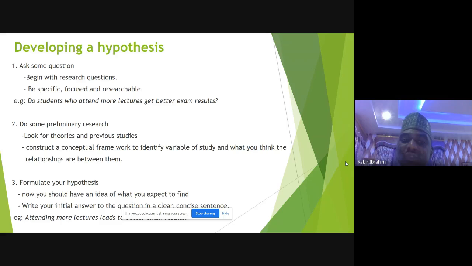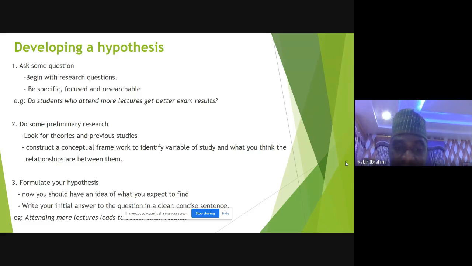Construct a conceptual framework. This conceptual framework will help you to identify your variables of study, and what you think the relationships are between them. Then 3, formulate your hypothesis. In formulating the hypothesis, now you should have an idea of what you expect to find.